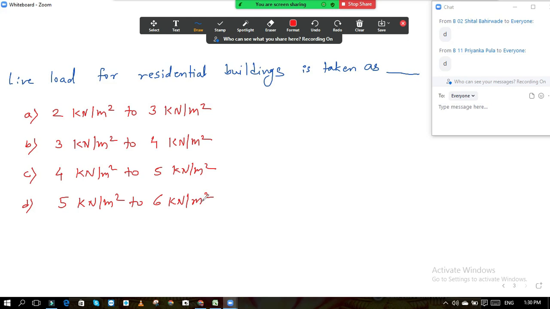Read the question and let me know the answer. The live load for residential buildings. What is the range of the live load you always take while designing?